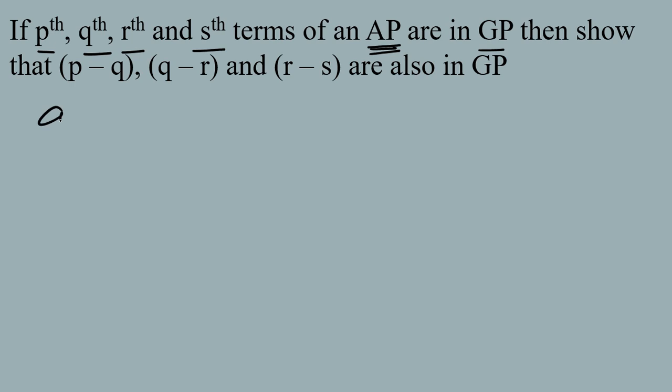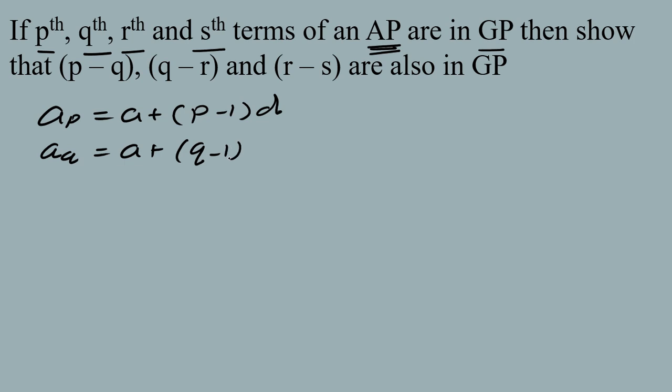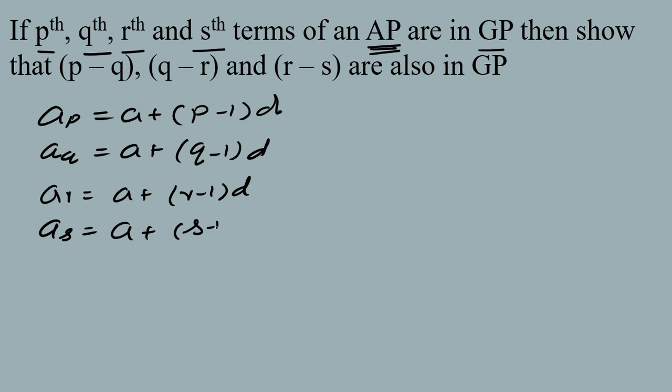So the pth term AP will be equal to A plus (P minus 1) into D. The qth term, AQ, means A plus (Q minus 1) into D. Then the rth term will be A plus (R minus 1) into D, and the sth term AS will be equal to A plus (S minus 1) into D. Now these terms are in GP.